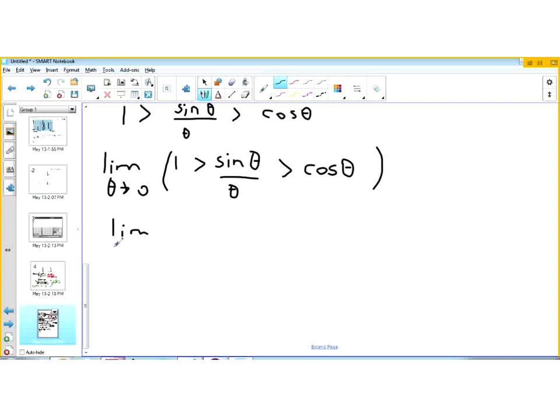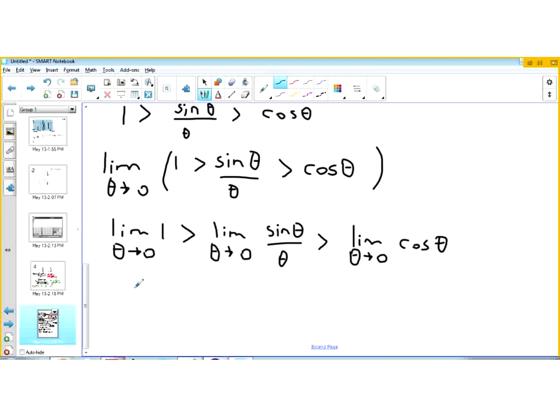So simplifying this expression, I can say this.